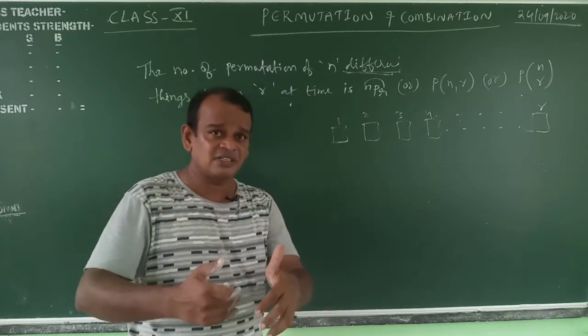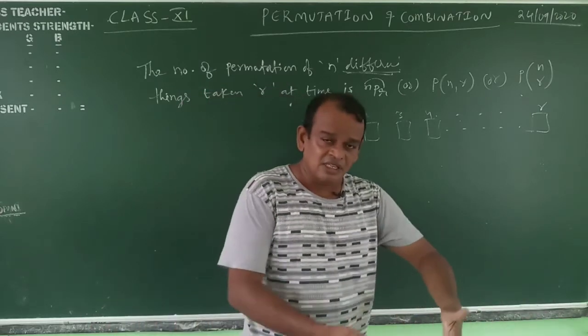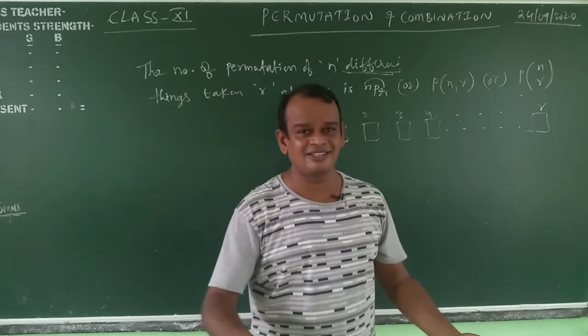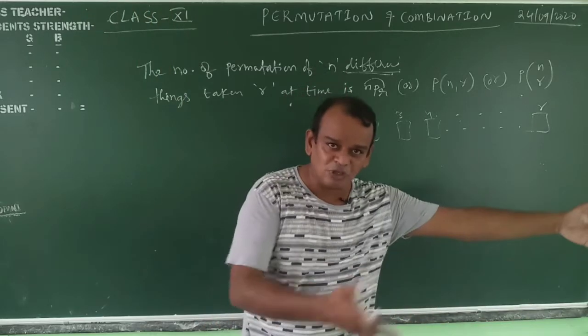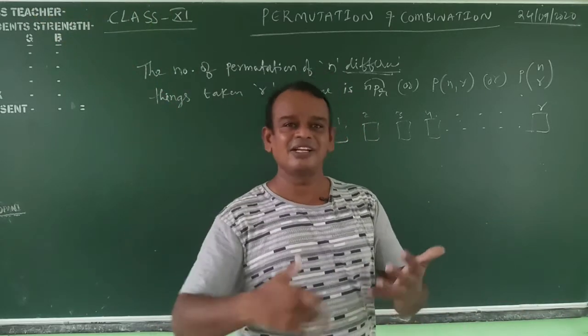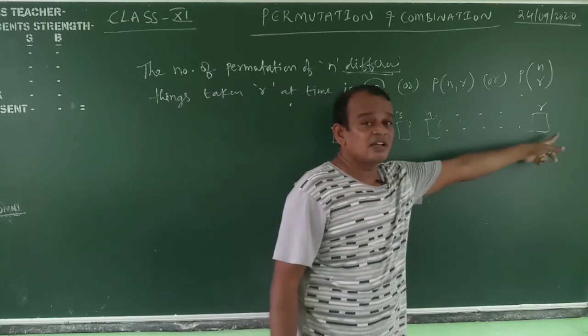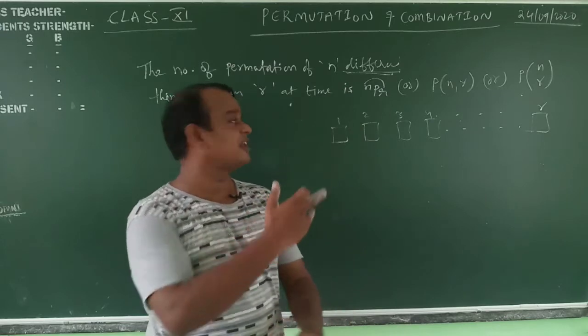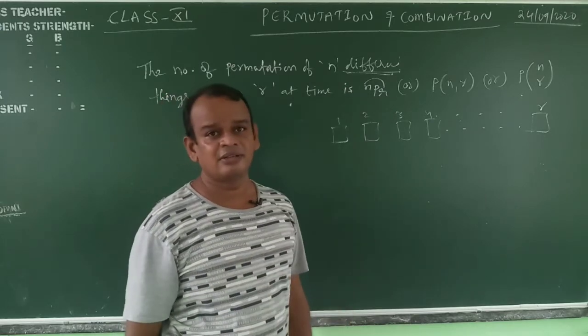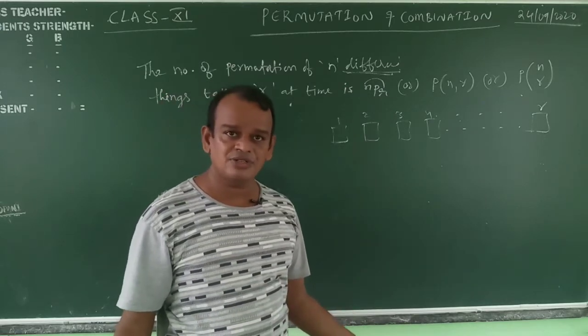Reverse: here 4 chairs are there, and these 4 chairs are filled by the 10 students. In how many ways? That is also nPr. In the same way, here r blanks are there, and these r blanks are filled by n different things, that is equal to nPr. My dear students, have you understood or not?